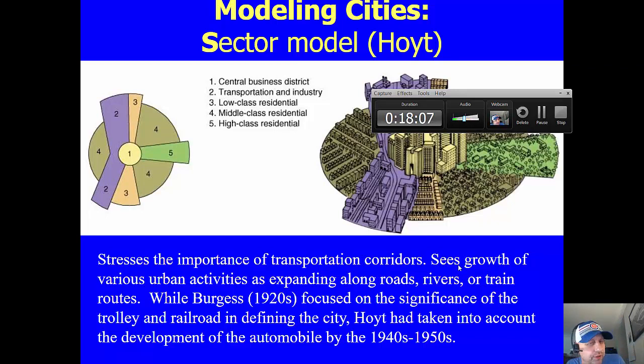It saw the growth of various urban activities as expanding along roads, rivers, or train routes. Burgess focused on the significance of the trolley and maybe the railroad as it was slowly starting to emerge. But Hoyt had taken into account the development of the automobile by the time this theory develops, the 20s and 30s. And so Hoyt is better able to see the influence transportation would have over growth.